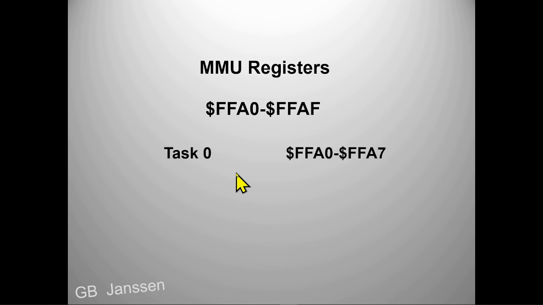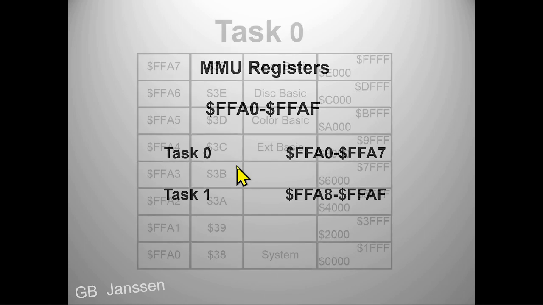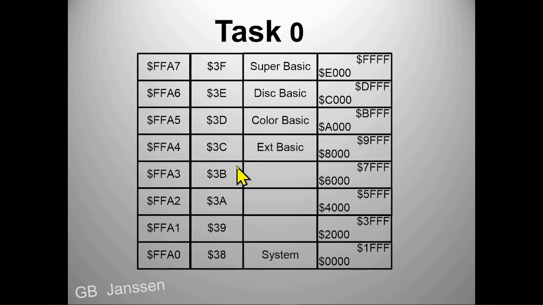Task 0 is in the first 8 registers, A0 to A7. Task 1 is in the second 8, A8 to AF. Remember, we can switch back and forth between the tasks, and our memory layout will look different with just one quick instruction.